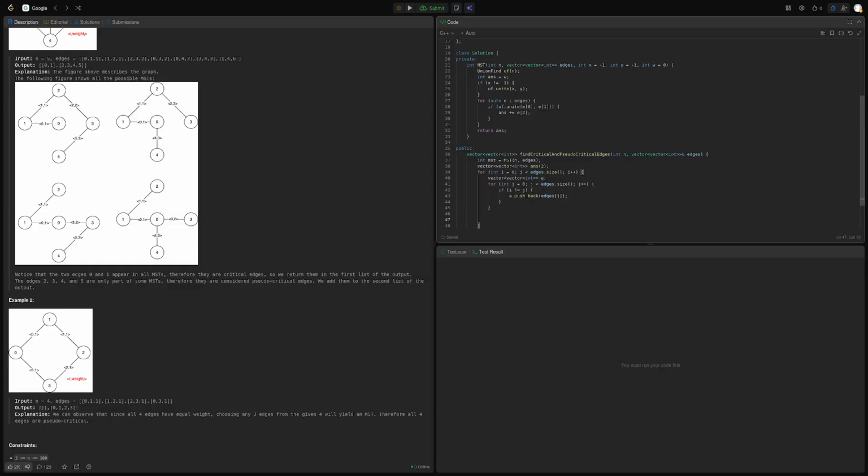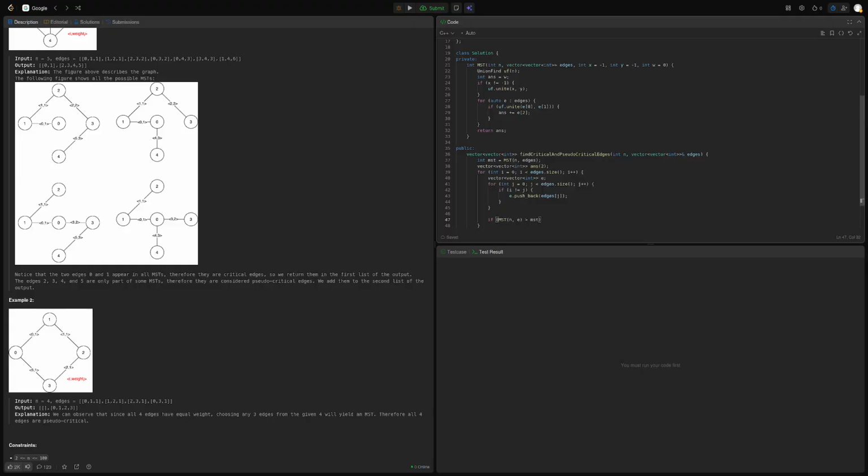And then first we want to run. So if MST of this, and now we don't pass anything, right? So what this means is that we just keep that vertex and make an MST.